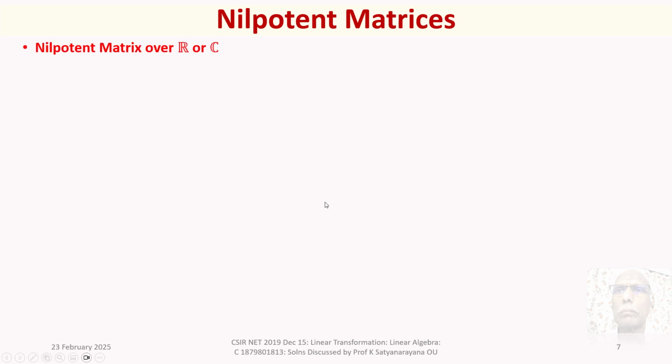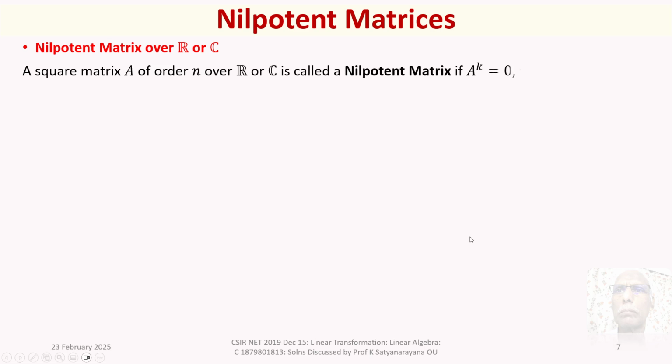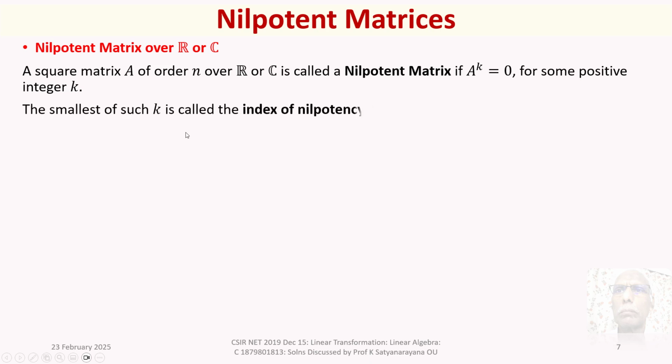First of all, a square matrix A of order n over R or C is called a nilpotent matrix if A power k is equal to 0 for some positive integer k, and the smallest of such k is called the index of nilpotence, and k will be less than or equal to n, obviously.